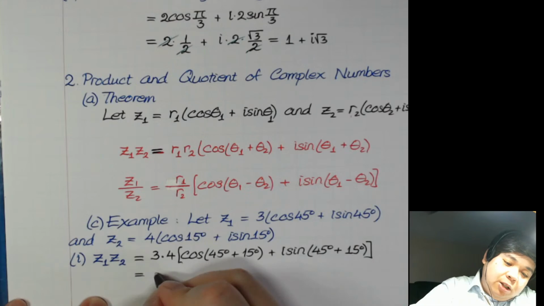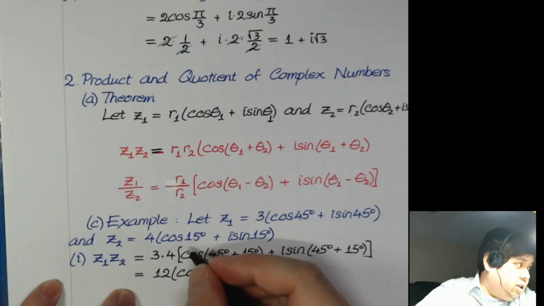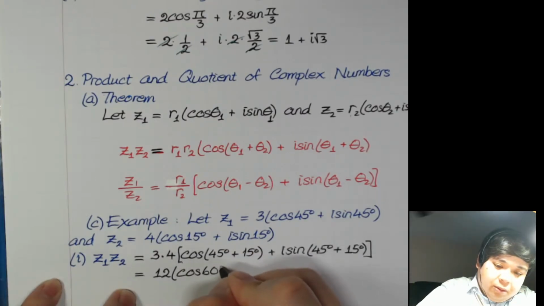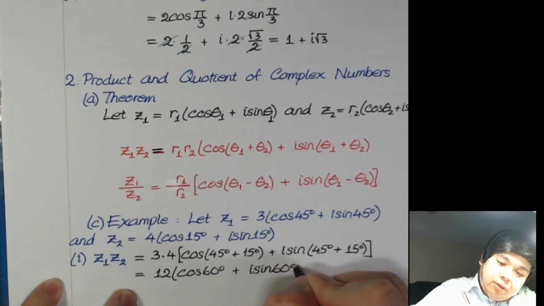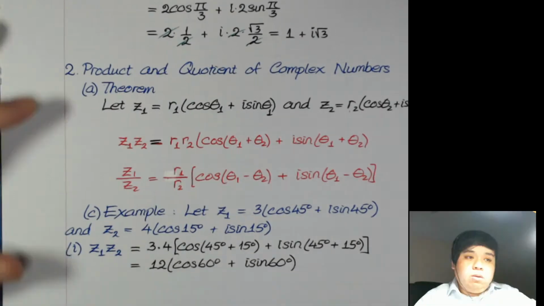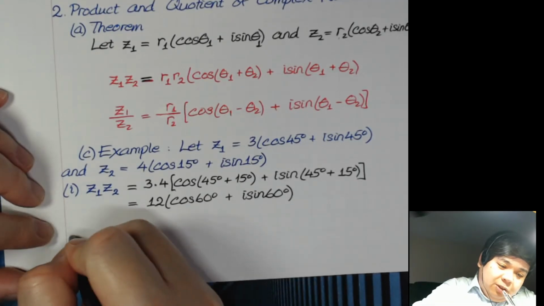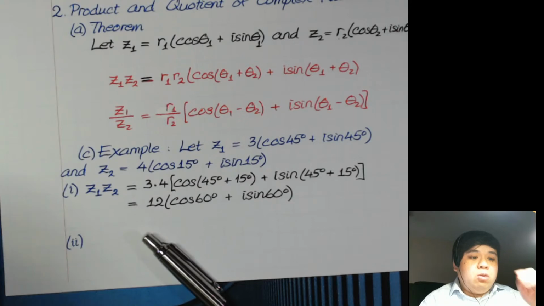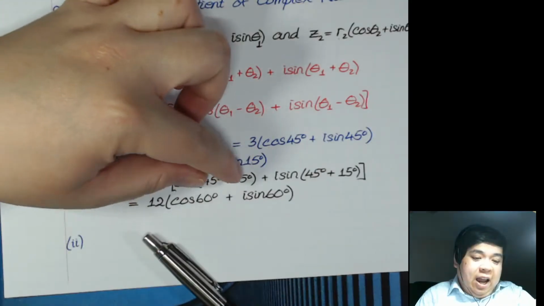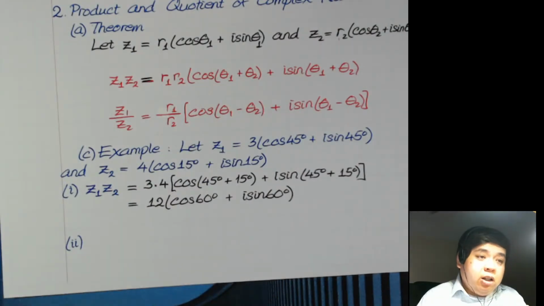So we have 12 cosine of 60 degrees. So it's very simple. Multiply the modulo and add their arguments. So that's what we do when we multiply complex numbers.